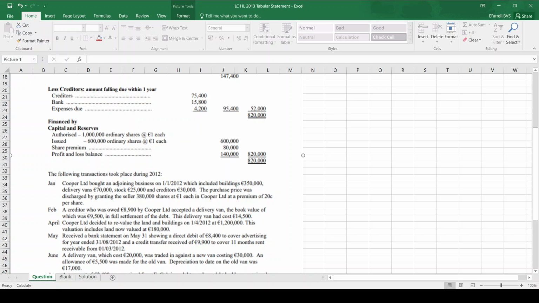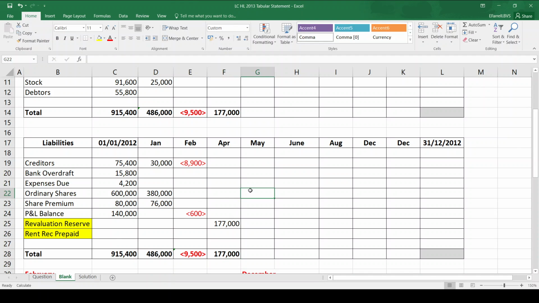So first of all, I'm going to deal with the advertising, the 8,400. So the 8,400 is an expense due. So I'm going to go to my expenses due here, and I'm going to put in minus 8,400.